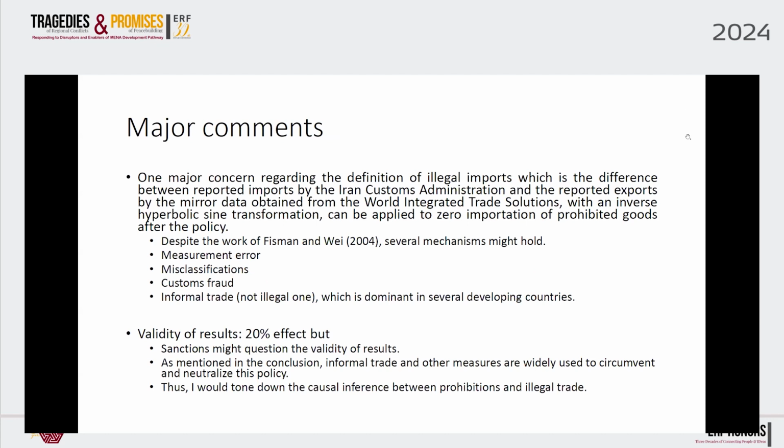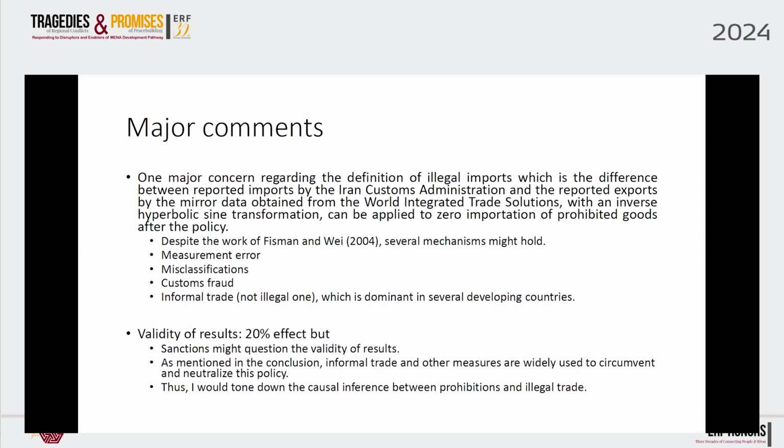Which means that even if Iran imposes a prohibition on these imports, in all cases, we're not importing these products in Iran because our partners are not exporting to us because of the trade sanctions. And I think this discussion of the trade sanctions in the paper is important in order to disentangle the effect of the sanctions on the one hand from the prohibition, which is a domestic policy, on the other hand.